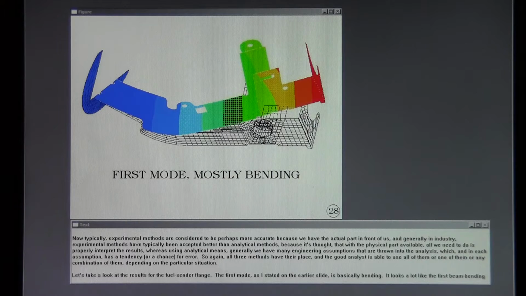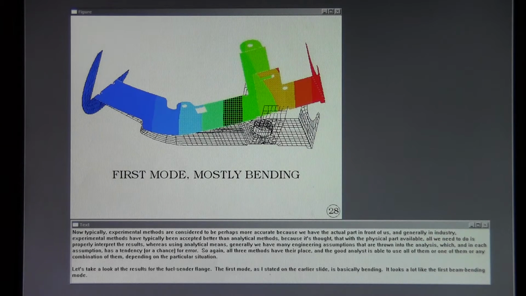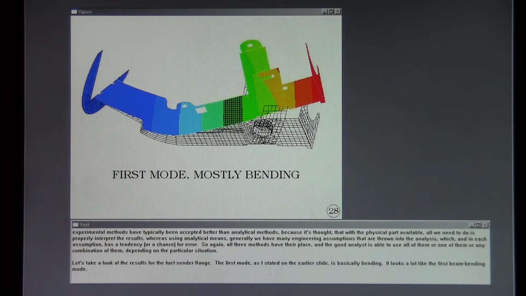Whereas using analytical means, generally we have many engineering assumptions that are thrown into the analysis, and in each case, each assumption has a chance for error. So again, all three methods have their place, and the good analyst is able to use all of them or one of them or any combination of them depending on the particular situation.